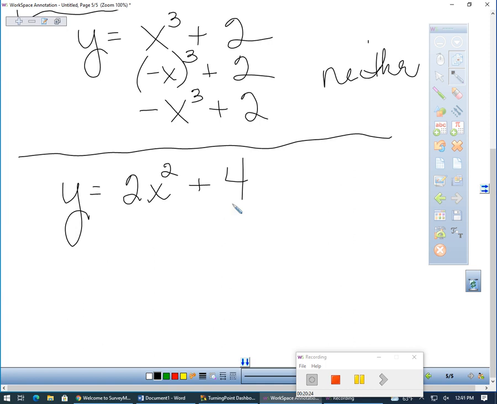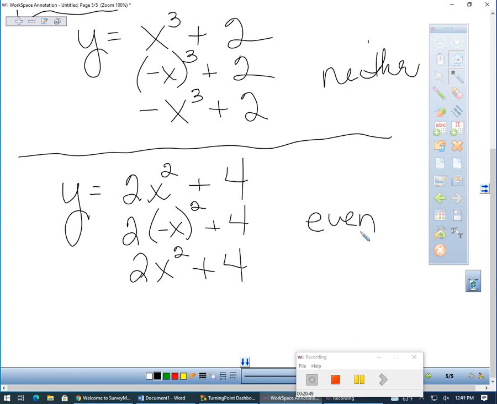All right, so I'm going to put negative x in for x, right? So I have 2 times negative x squared plus 4. Negative x squared becomes positive x squared, right? So I end up with 2x squared plus 4. Are these the same? So that makes it even.